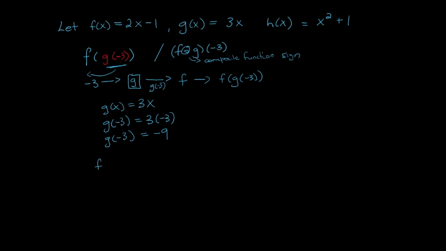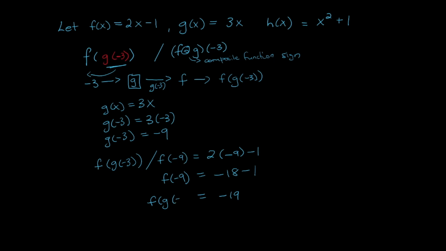So f of g of negative 3, or f of negative 9, is equal to 2 times negative 9 minus 1. And so f of negative 9 should be equal to negative 18 minus 1, which is negative 19. So our answer for f of g of negative 3 should be negative 19.